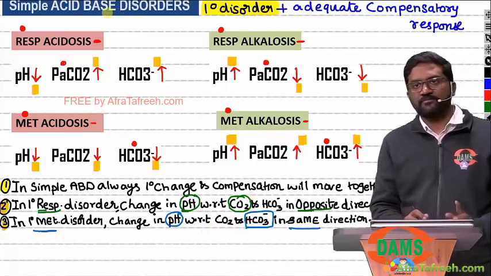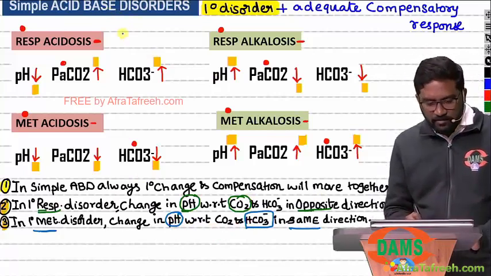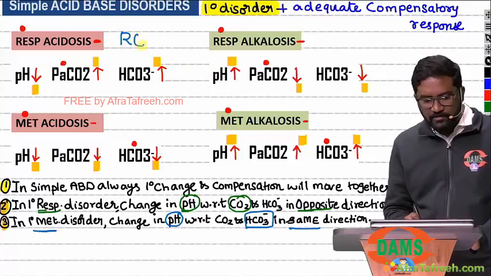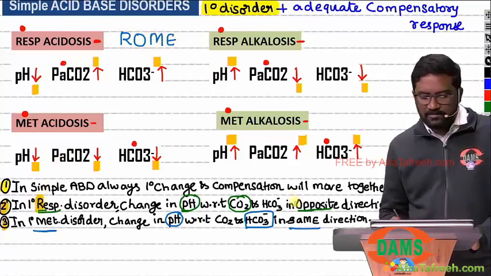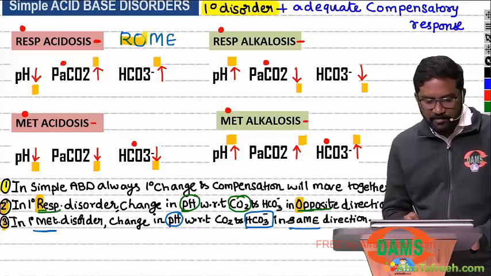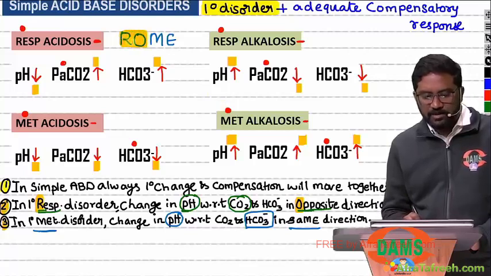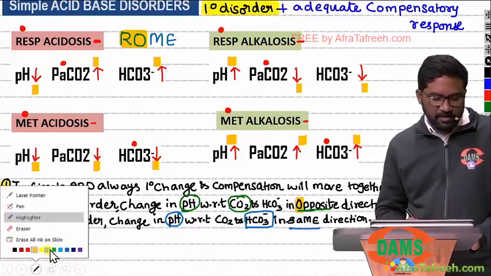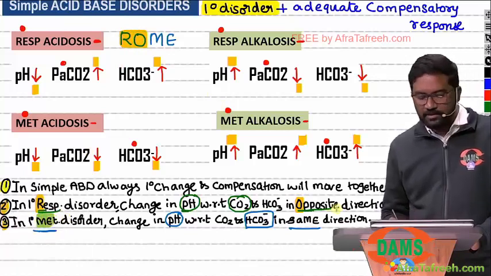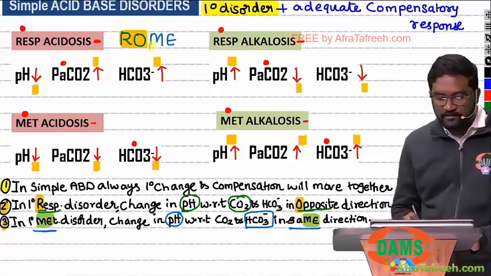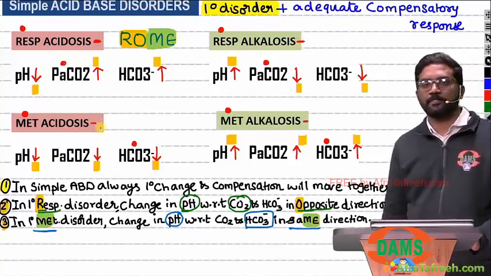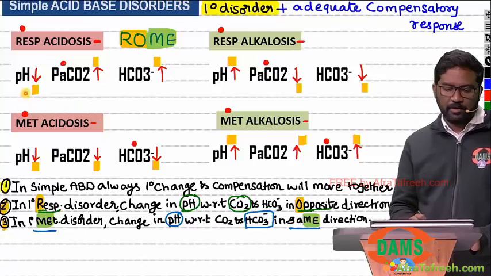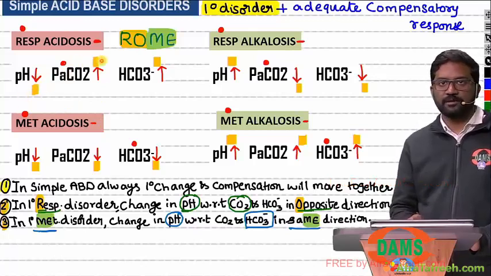Even if you forget this logic, don't forget this mnemonic called ROME. What does it mean? In primary respiratory disorder, the change will be in opposite direction, whereas in primary metabolic disorder, the change will be in same direction, pH with respect to parameters.